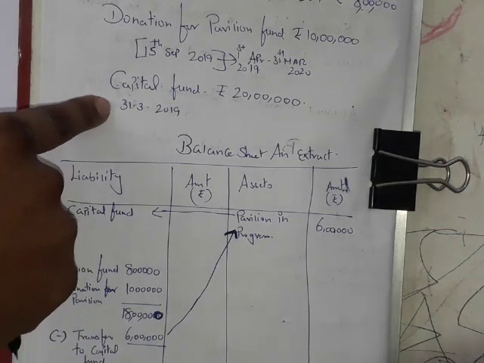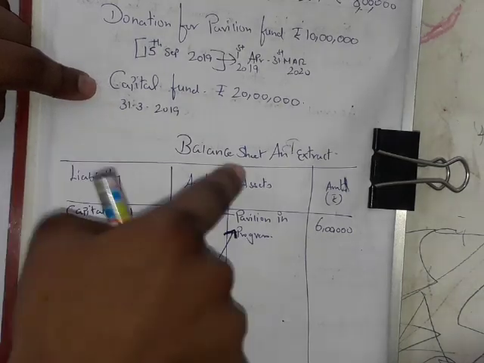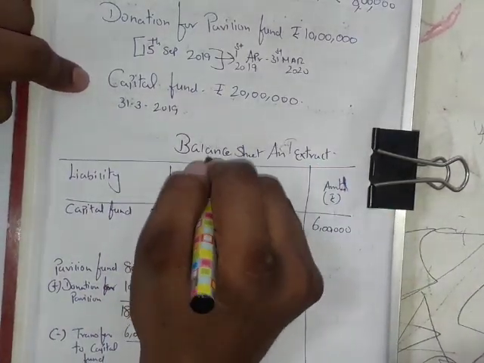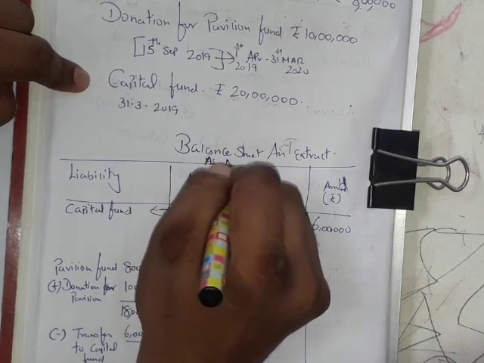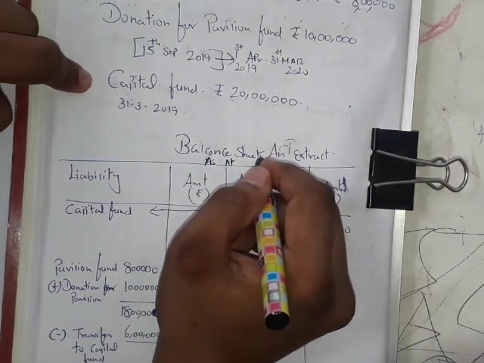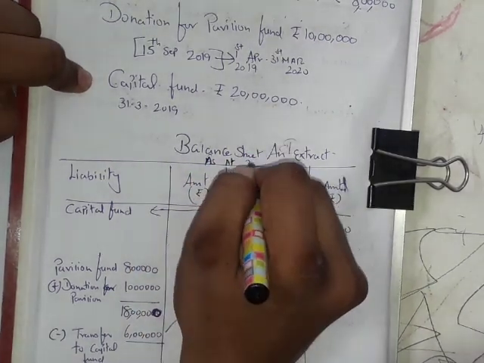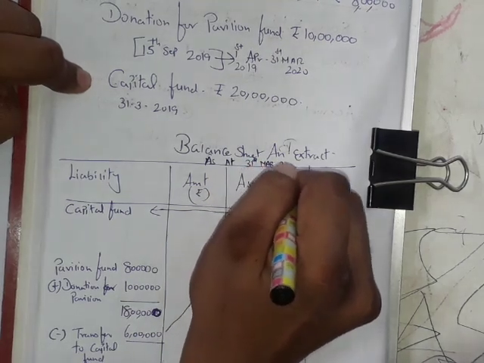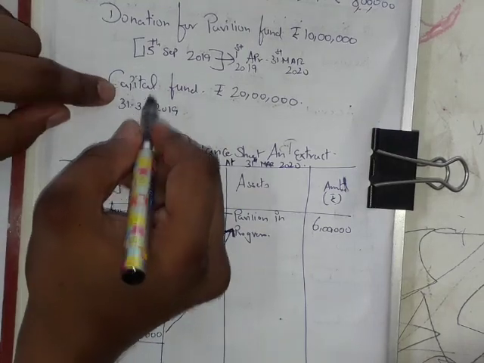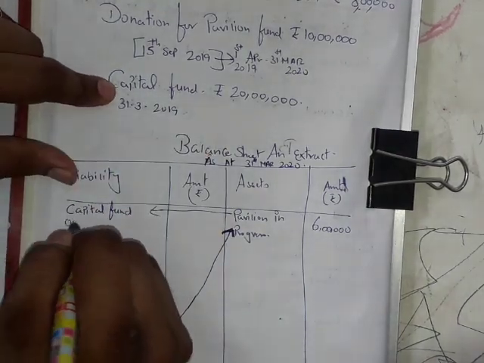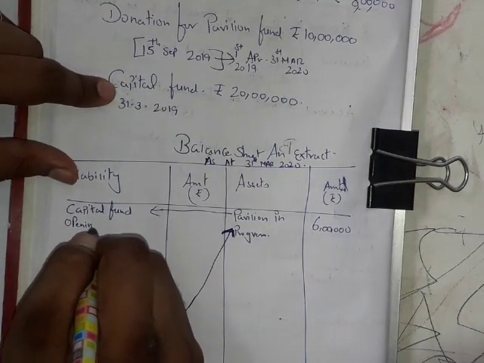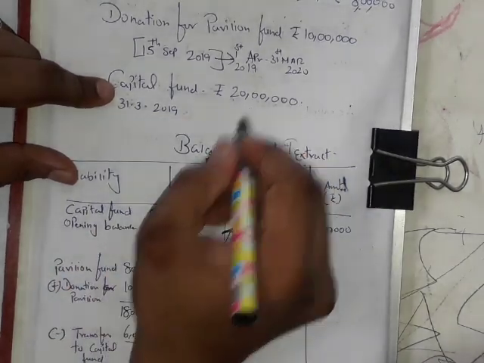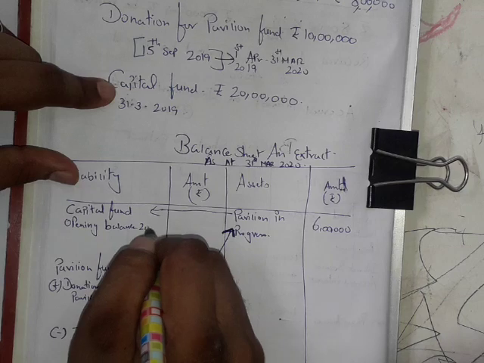I have the closing balance of 2019, but I am preparing the balance sheet extract as at what date? 31st of March 2020. So this will be my opening balance, right? So I should take up opening balance, how much? 20 lakhs.